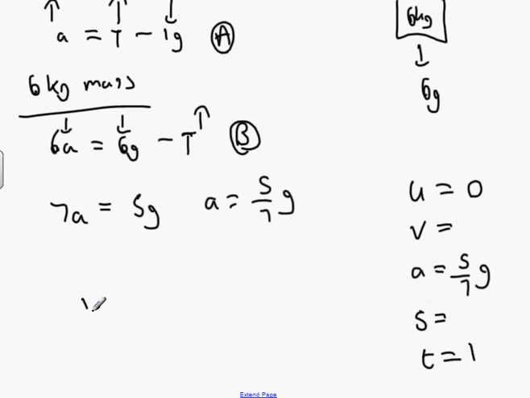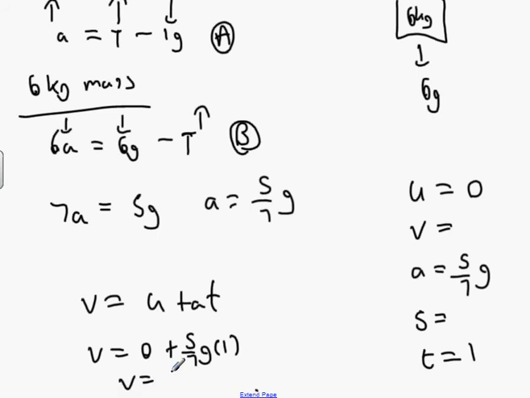So V equals U plus AT, which will mean that V equals 0 plus 5 over 7g times T, which is 1. Your velocity is 5 over 7g ms^-1.